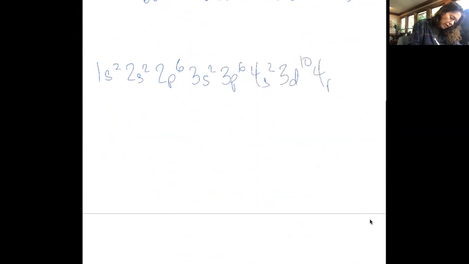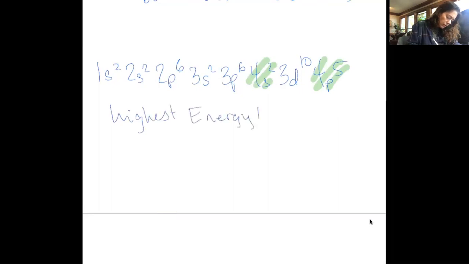Let's see, 1s2, 2s2, 2p6, 3s2, 3p6, 4s2, 3d10, 4p5. Okay, well this time, let's undo that. This time I see that the highest energy level is my fourth. So the highest energy level equals fourth.